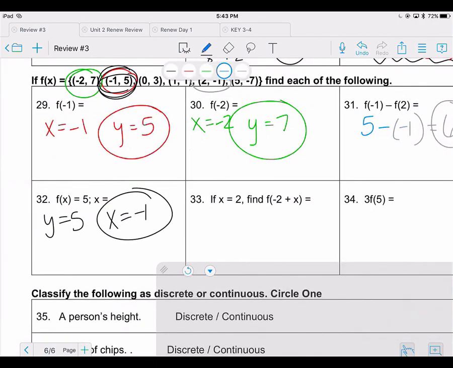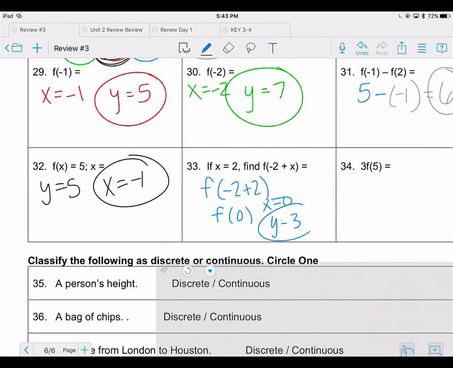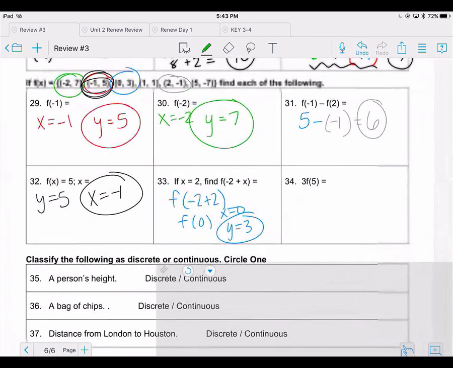33, if x is 2, find f of negative 2 plus x. So negative 2 plus 2. So that would be f of 0. When x is 0, y is 3. And then they want us to do 3 times f of 5.